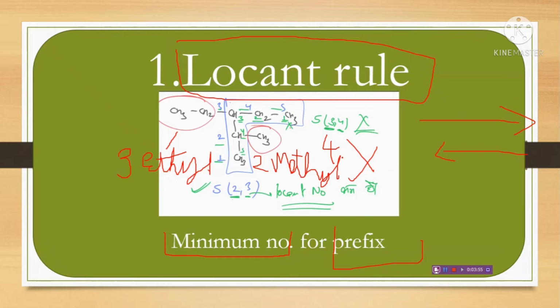So it becomes 3-ethyl-2-methylpentane. Now let us move to the next rule. I hope this rule is clear to you.